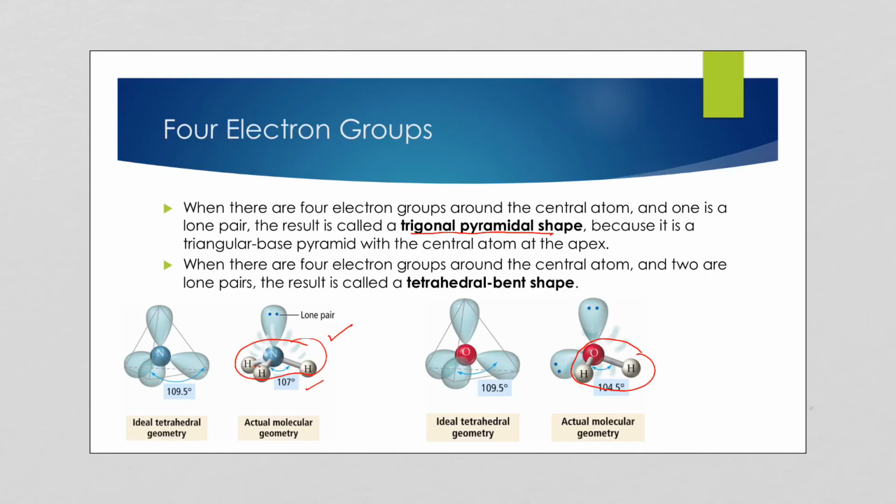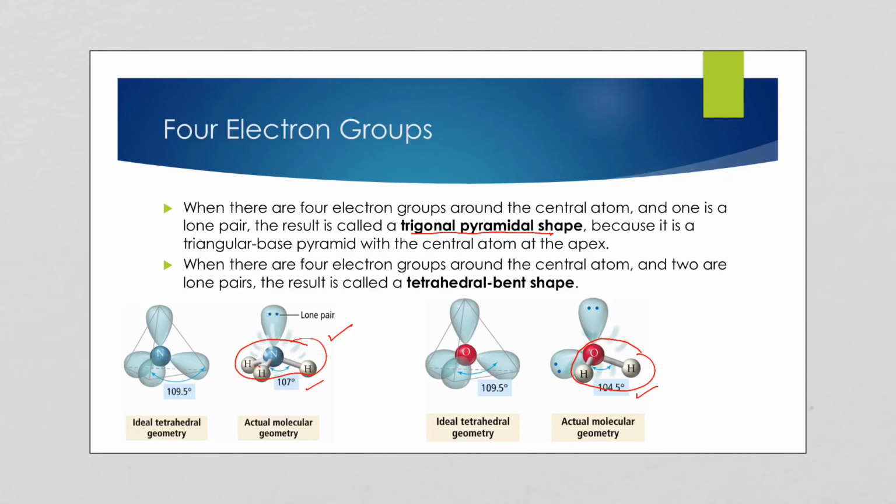And we can see the 2 lone pairs here are going to repel each other a lot. So the biggest repulsions are going to be between 2 lone pairs, and so these lone pairs want to get away from each other. And so both of those are going to push the hydrogens closer together, and so the bond angles get depressed even more, and we get, in water at least, somewhere around 104.5 degrees.